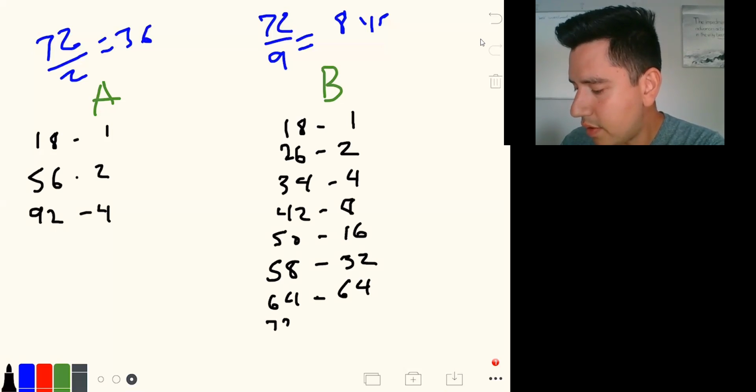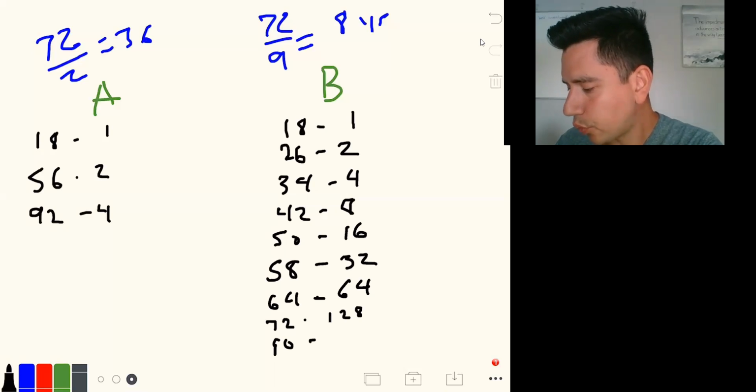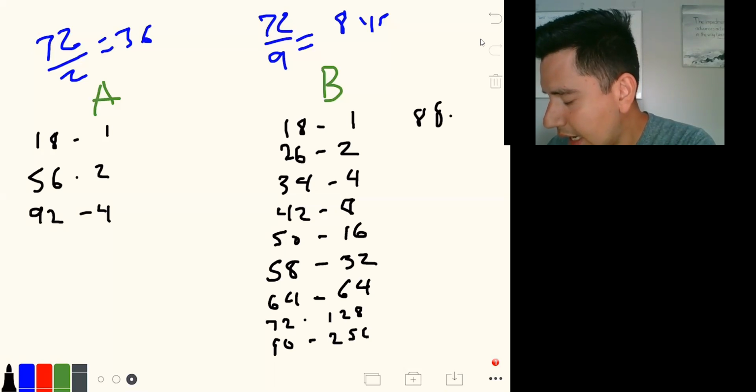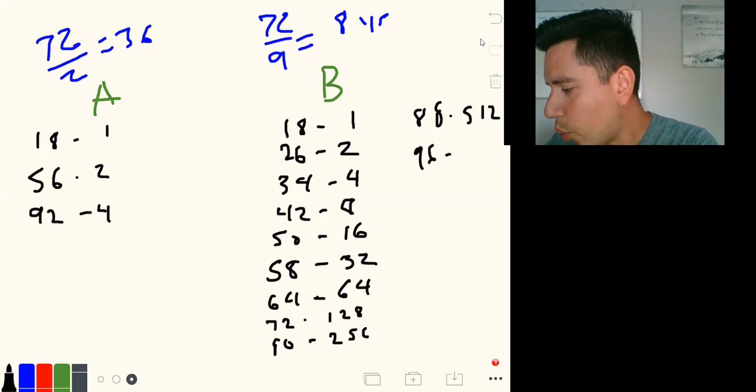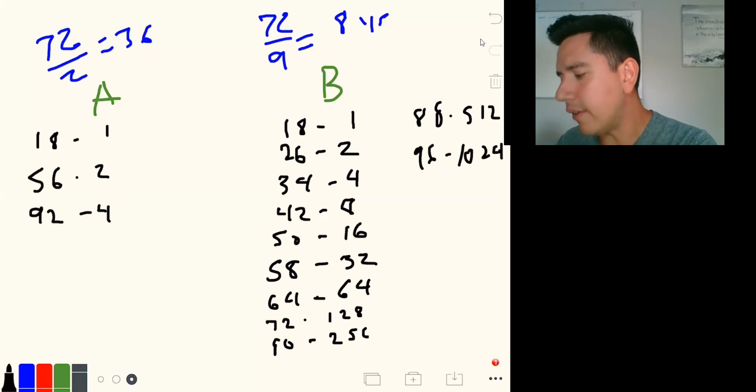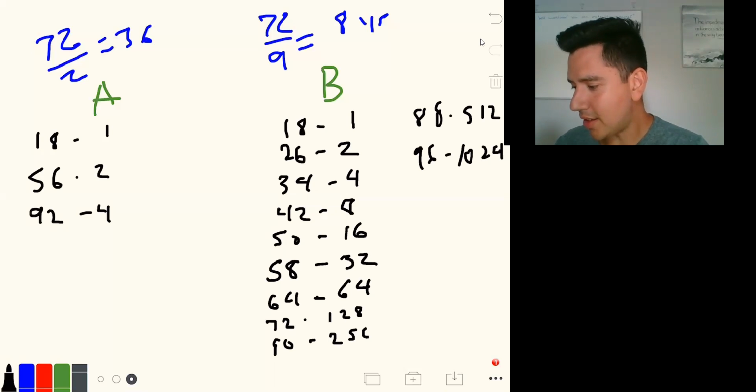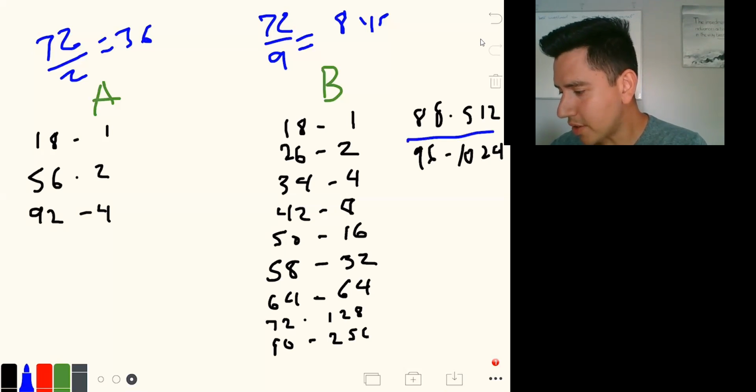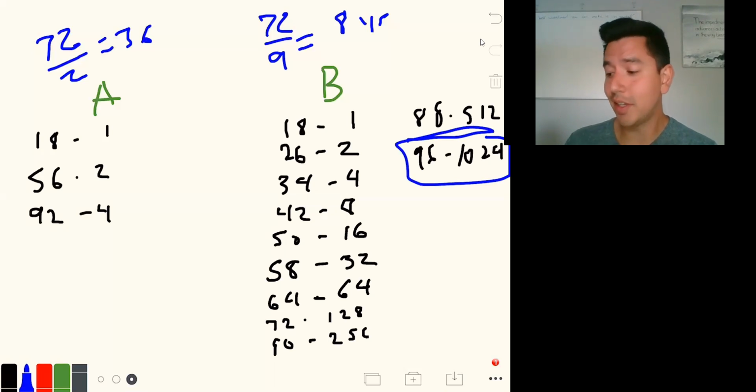And then 72 would be 128. And then 80 will be 256. And then at 88, it will be 512. And then if you go to 96, that will be 1,024.